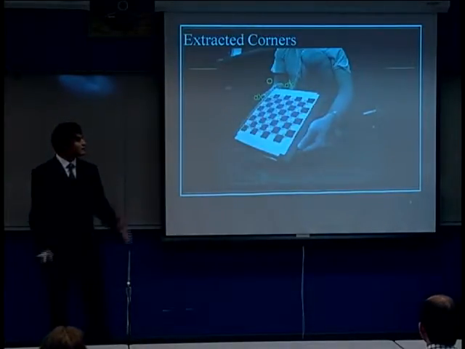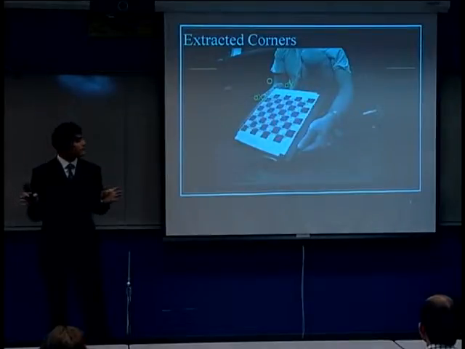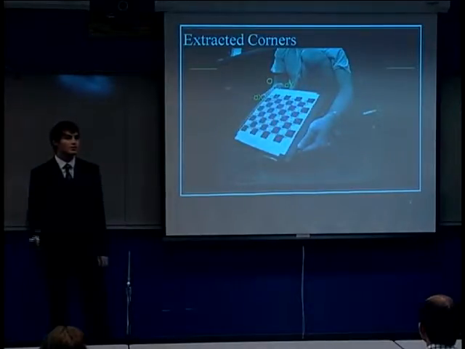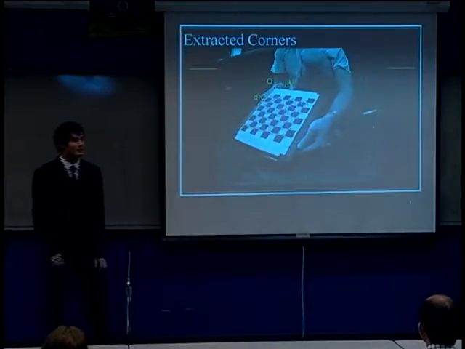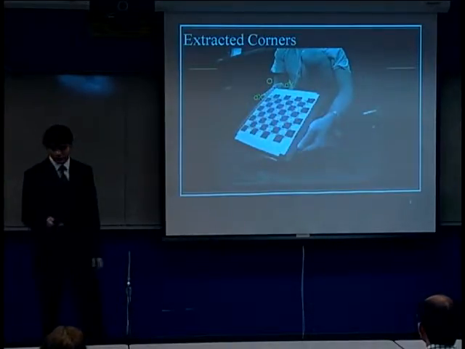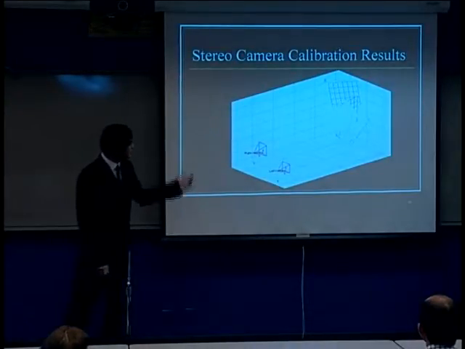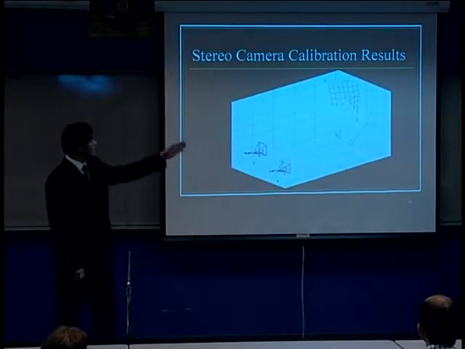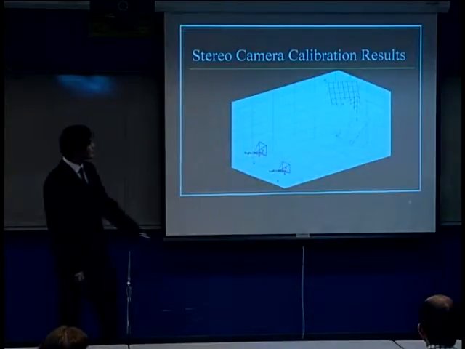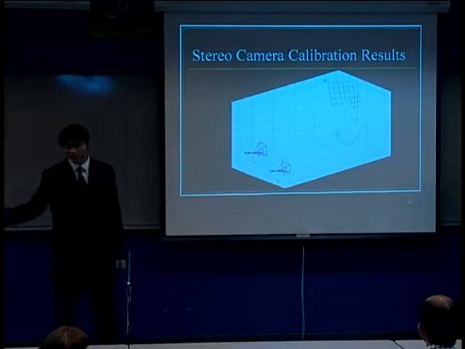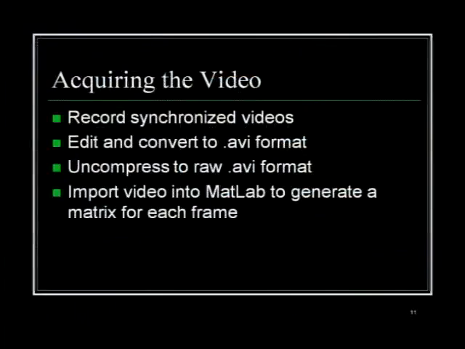After you do that, you use the results from each individual calibration for each camera. Then you use the stereo calibration section of the toolbox to calibrate both cameras with respect to each other. Set of pictures, 2 cameras, and that's how it calibrates both cameras. And that's my part of the project.